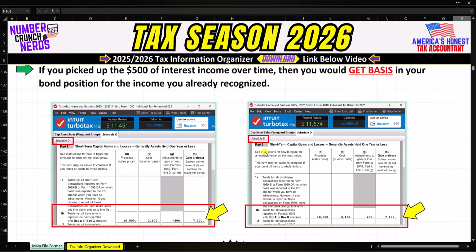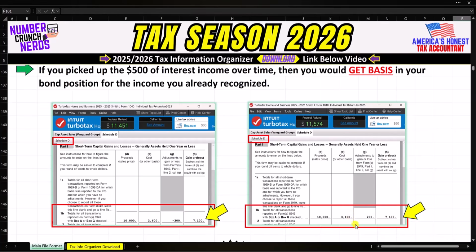However, on this Schedule D over here, which represents what it would look like if you had made that election, the $500 accrued market discount is no longer in this adjustments column. It's also no longer on Schedule B for the current year. Why is it not on Schedule B for the current year? Because you picked up the interest income already over time.